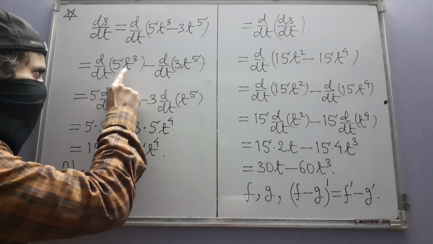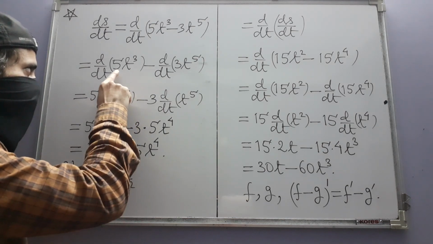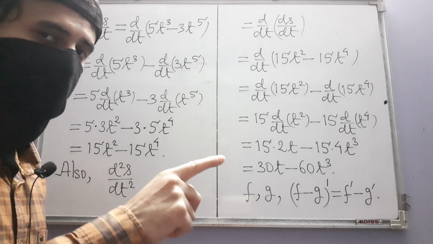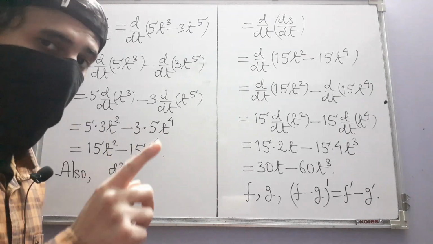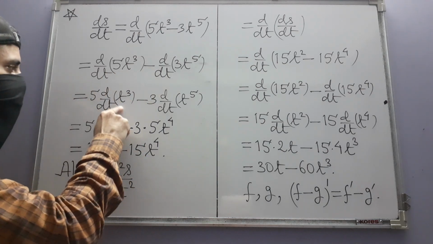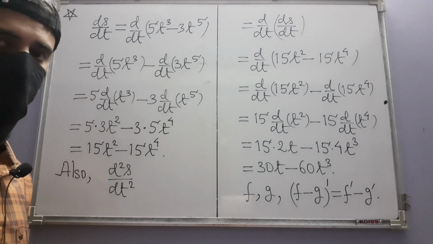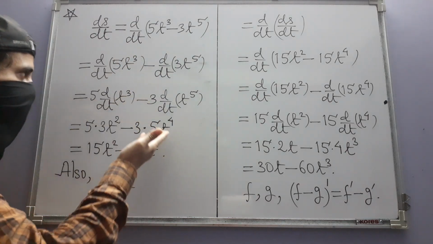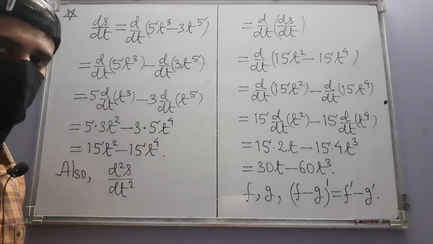Because t cube is differentiable, 5 times t cube is also differentiable by the constant multiple rule, and the derivative of 5t cube is 5 times the derivative of t cube. So that's how we know that 5t cube is differentiable.